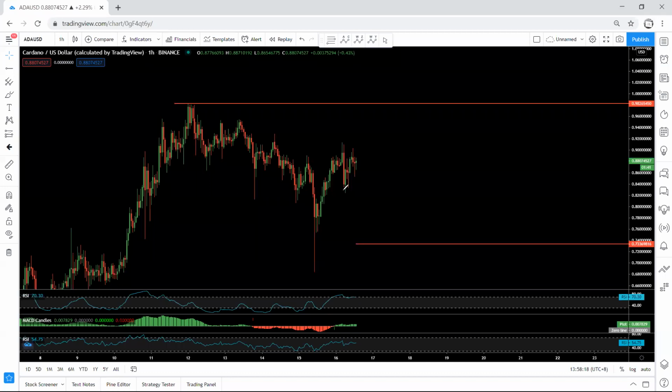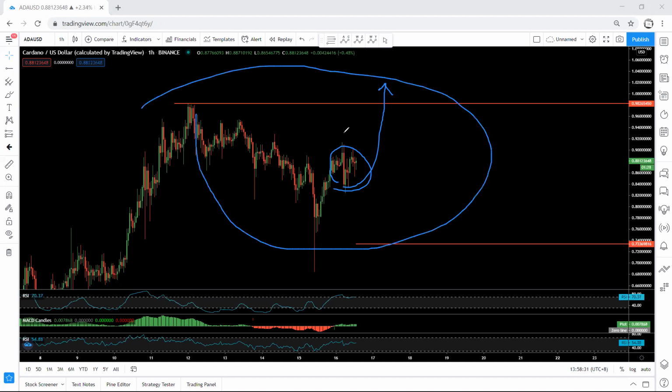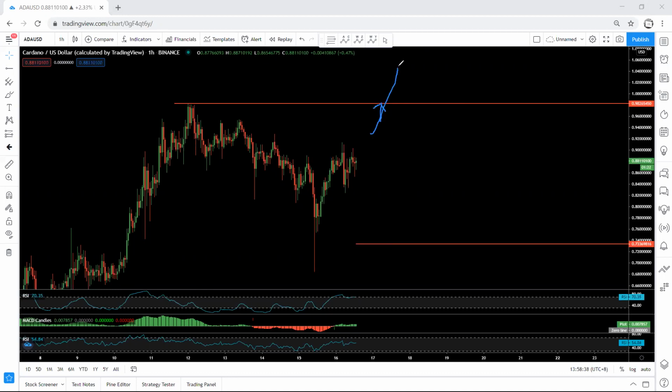We want to get a correction, we want the price to continue and break the top. But when the price comes to this level, we should know based on the higher time frame 4 hour chart, this is the bigger, more complex correction. Then from there we need to make a decision when the price comes to this top, whether it is going to continue, or we can expect a more complex correction.